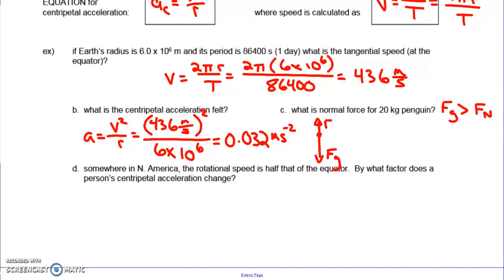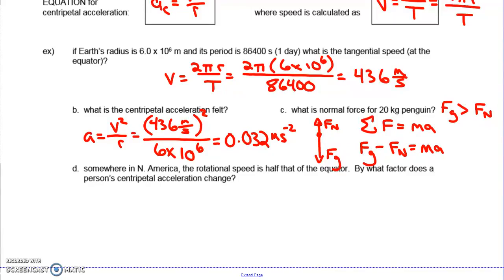I'm going to over-exaggerate. There's my normal force. And if I sum my forces and set that equal to ma, since I know it's accelerating downward, I'm going to make down positive. So it's my force of gravity minus my normal force equals ma.